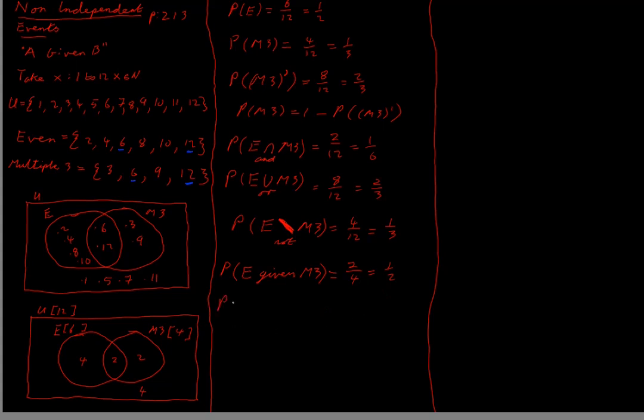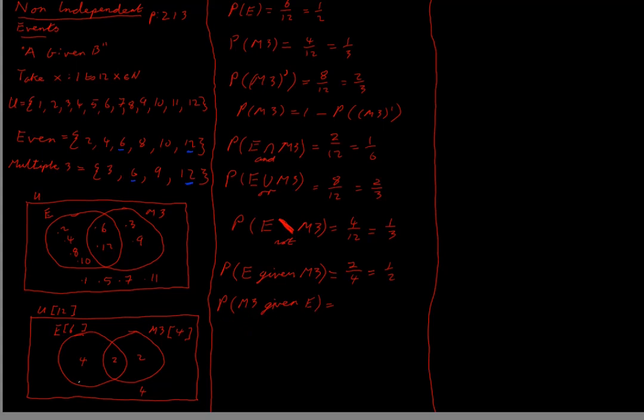Let's do the opposite of that. Given even. Again, in an English sentence, we've picked a number out from our list, 1 to 12. If we're told that the number that got picked is even, what is the probability that it's also a multiple of 3? So what's the probability of having a multiple of 3 given that our number is even?